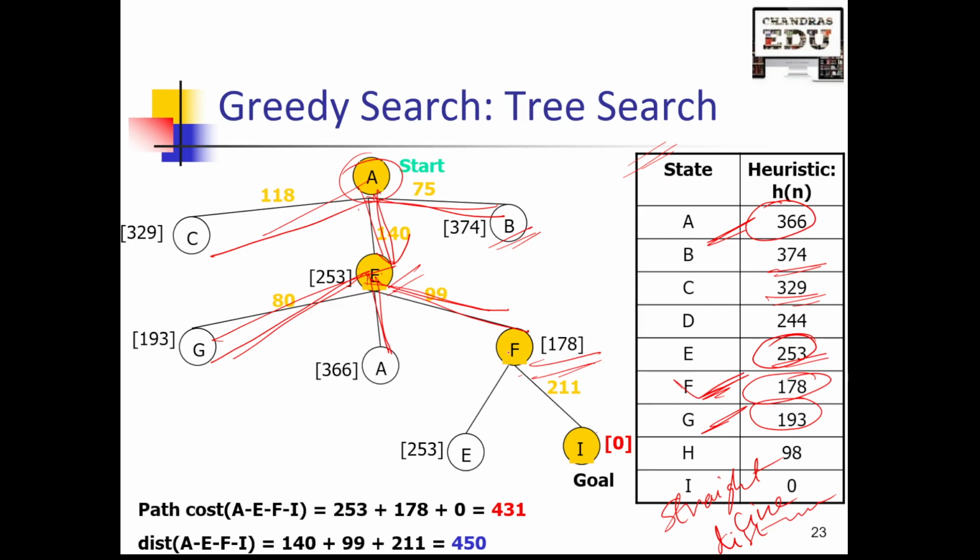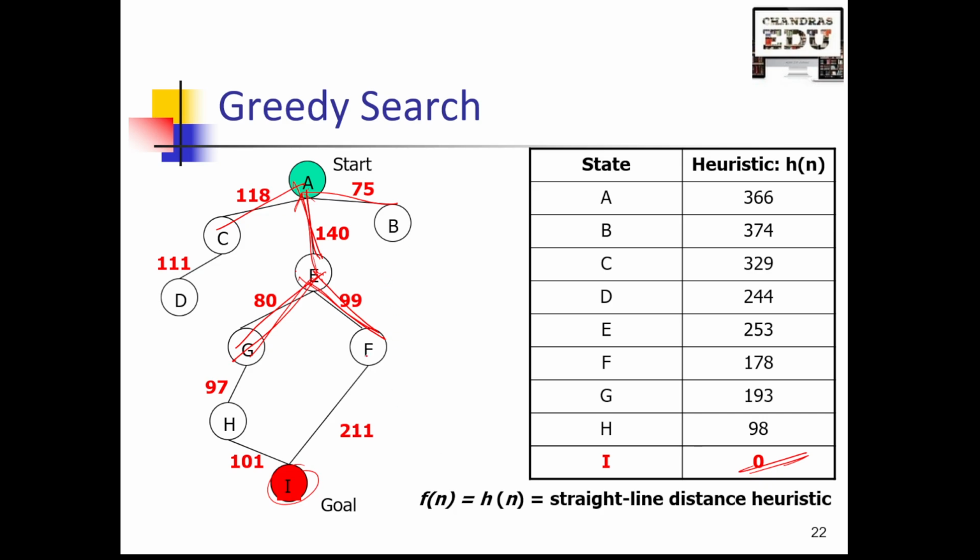And from F, just observe the tree. From F there is only one path, to the goal node. But as I said, we can go back to check h(n) to find the solution.